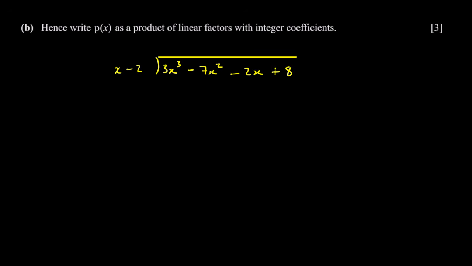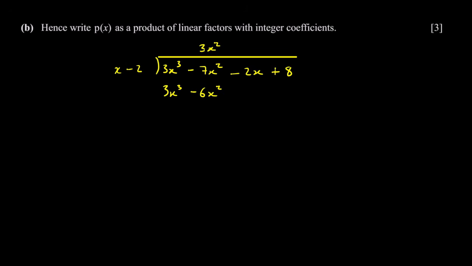So how do I do the division? I do 3x cubed divided by this term here, x, and that gives me 3x squared. We then take that 3x squared and multiply it by the divisor. So 3x squared times x minus 2 is 3x cubed minus 6x squared.